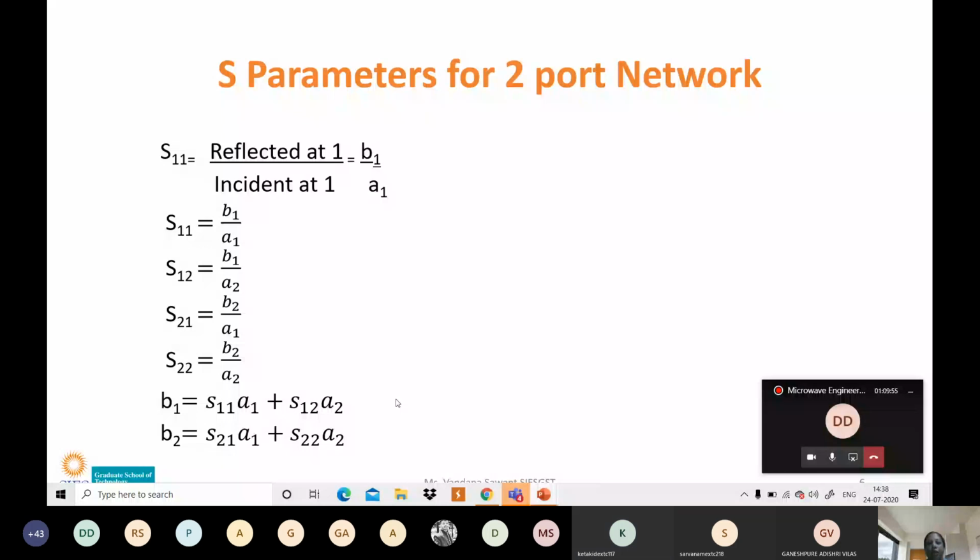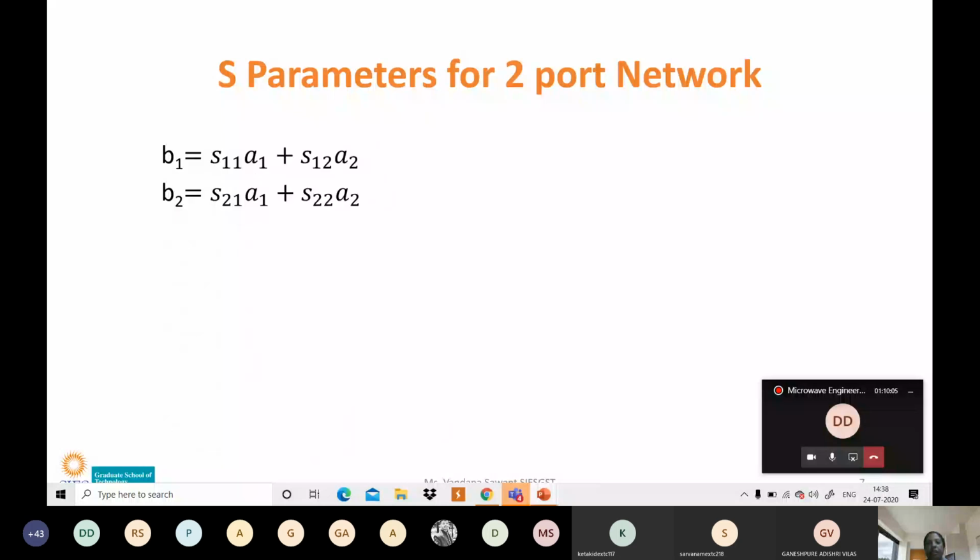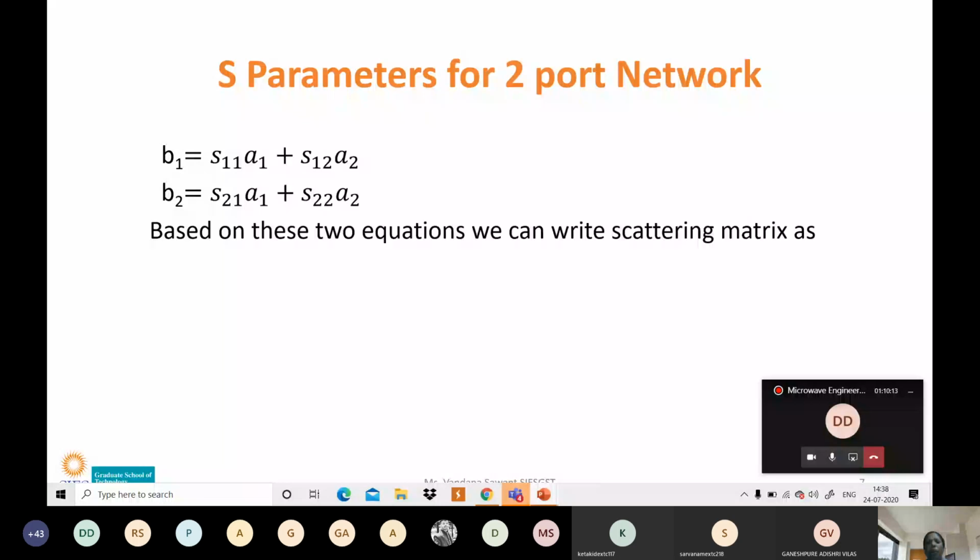Okay, ma'am. We can write our scattering matrix. So we have these two equations right now, B1 and B2. Based on these two equations, we can write a scattering matrix. Now see, for writing the scattering matrix, how can I write?